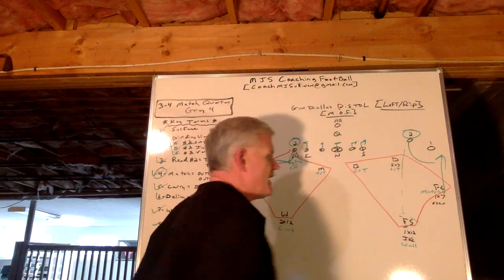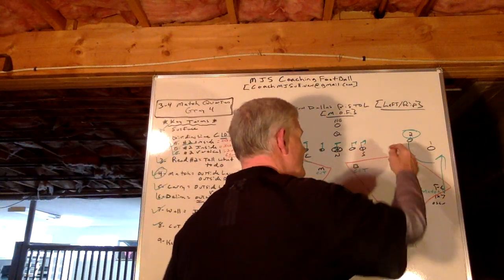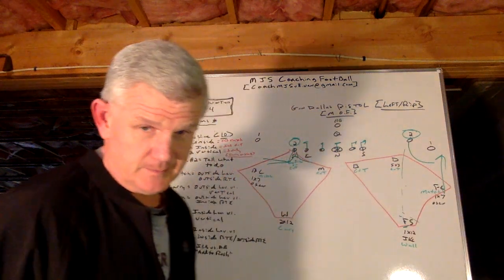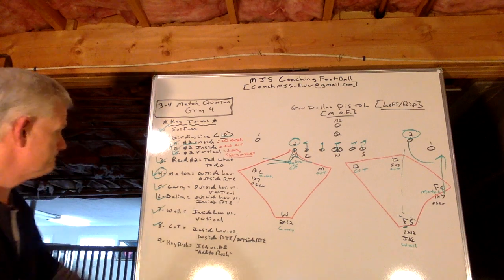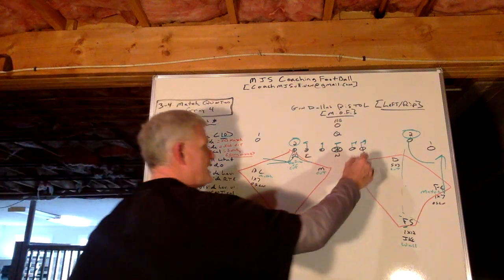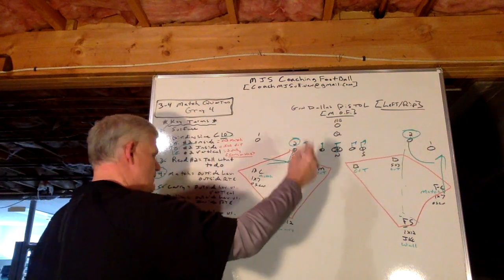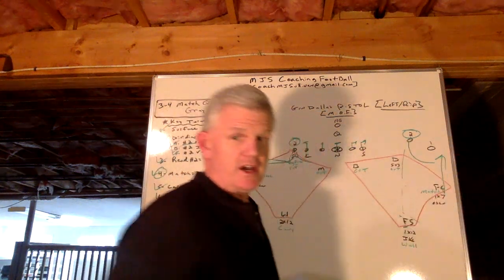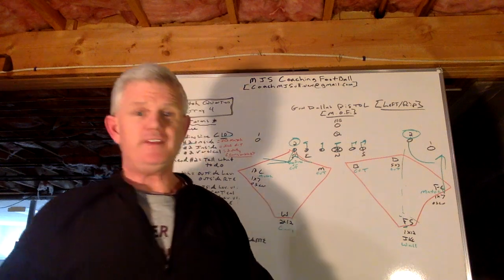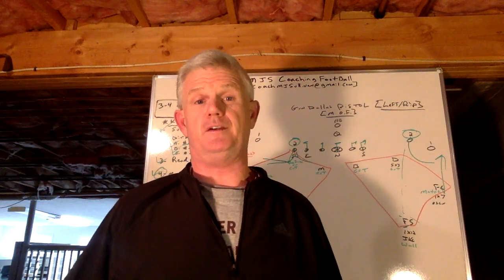When the outside linebacker is detached, it's a cut either way. Because he's inside of number 2, so in an inside route, he's cutting it. On an outside route, he's cutting it. So when they're detached, he's purely a cut defender.